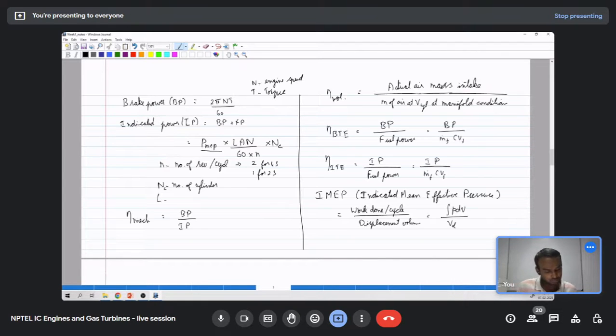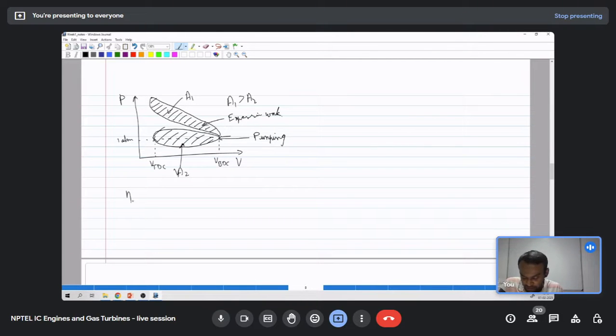So I have defined IMEP, and when we have mechanical efficiency, we can say it is BMEP divided by IMEP. Mean effective pressure can also be defined as an imaginary pressure which, when applied constantly on the piston, gives the same work output as the real cycle.